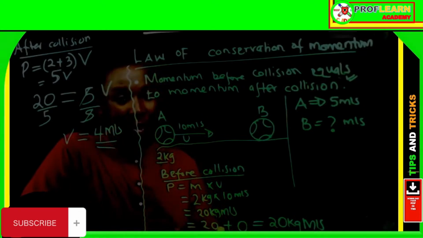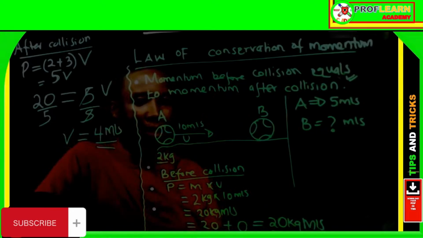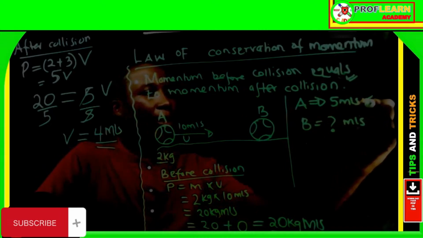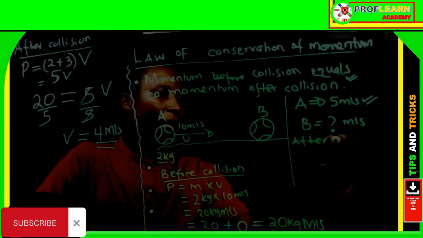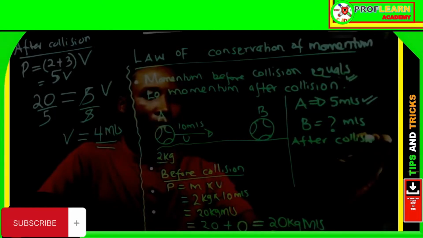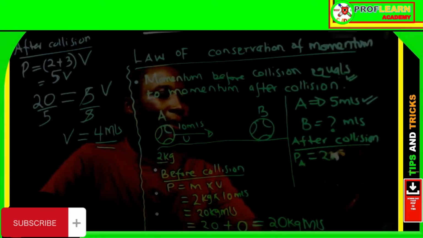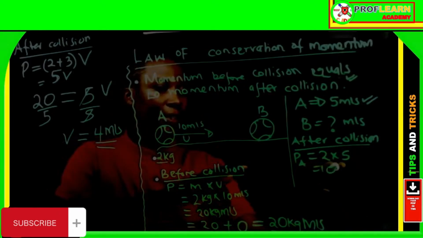Now, basically, this is also easy because we are still using the law of conservation of momentum. Before collision, their momentum is this. After collision, we can work out the momentum of A, which will be its mass, 2, times 5, because the speed will change now to 5, that will be 10.